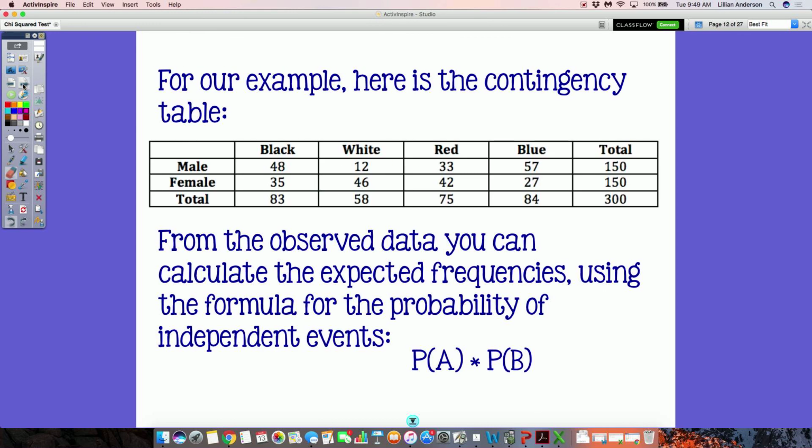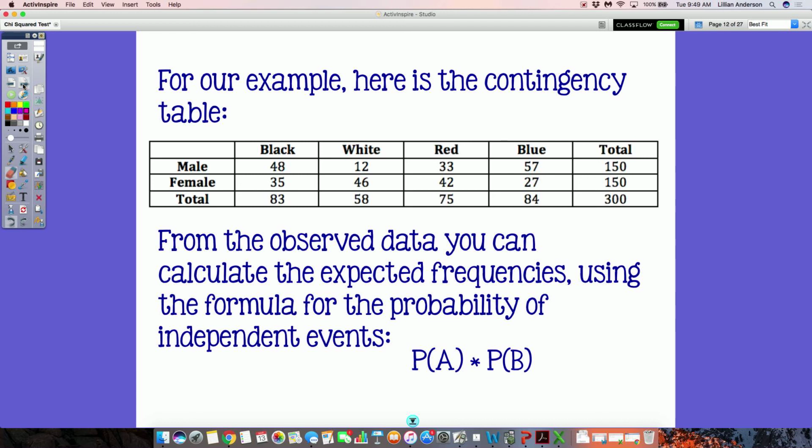So for this example, I give you the contingency table. As we can see, there are 48 guys who like black shirts, 46 females who like white shirts, 27 females who like blue shirts, and then their respective totals. How many people did they interview to figure this out? 300.